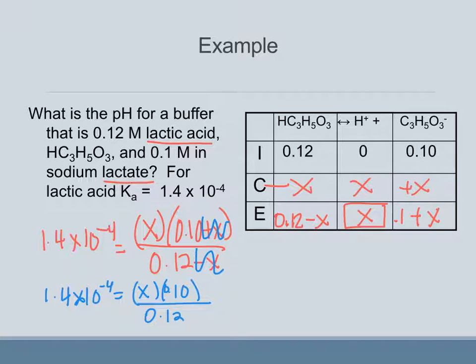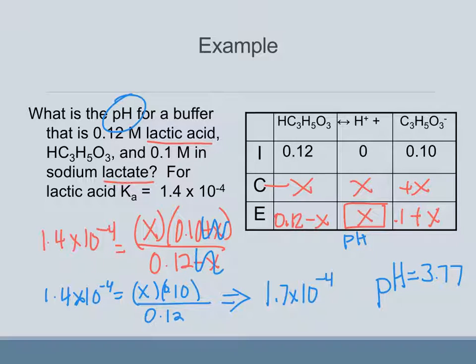When you do the algebra, you end up with x being 1.7 times 10 to the negative fourth. The question asked for the pH, so taking the negative log of that value gives us a pH of 3.77. We're very good at this type of problem, and we've done them a million times.